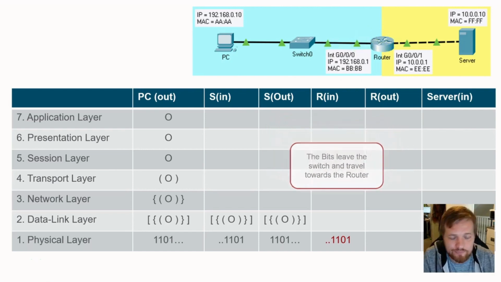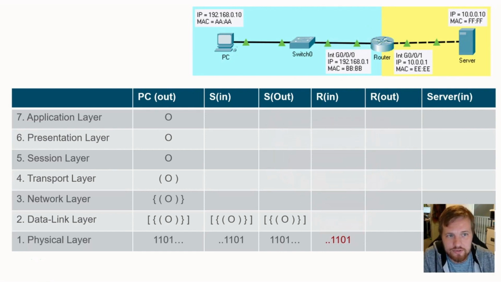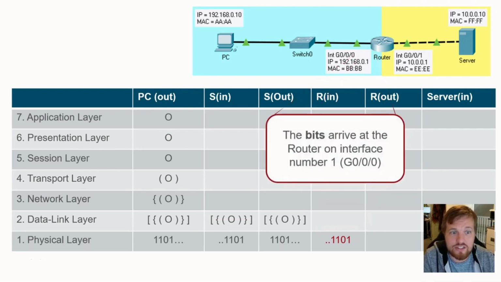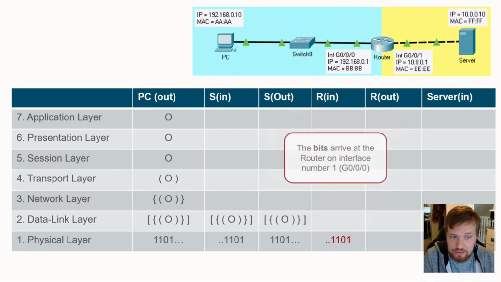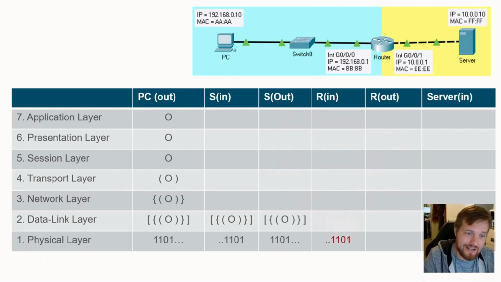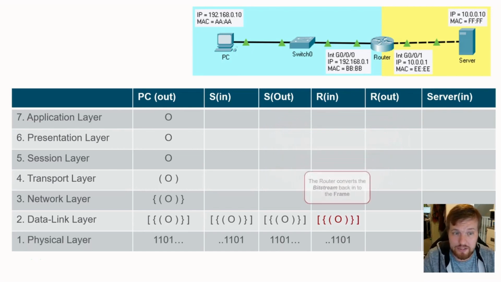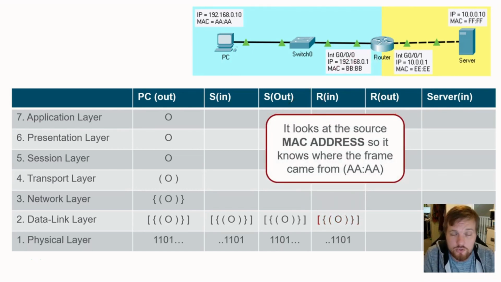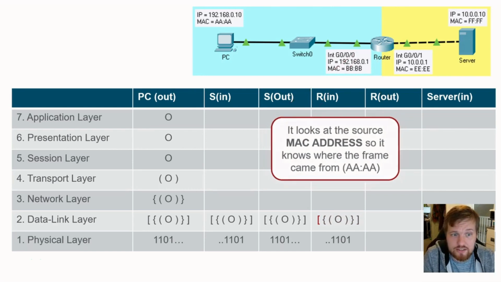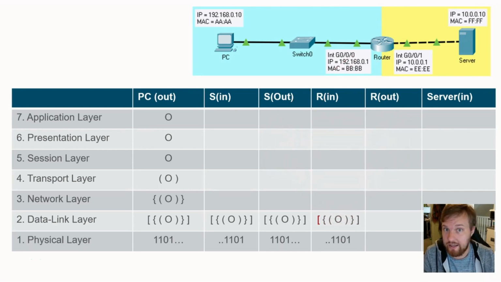Okay, so our router's Gig 0/0 interface receives that bit stream. Like the switch, it's now going to convert that bit stream back into the frame. After it's converted that information back into a frame, it's going to do the same as the switch did. It's going to read the information. So it looks at the source MAC address and sees that it came from PC AA.